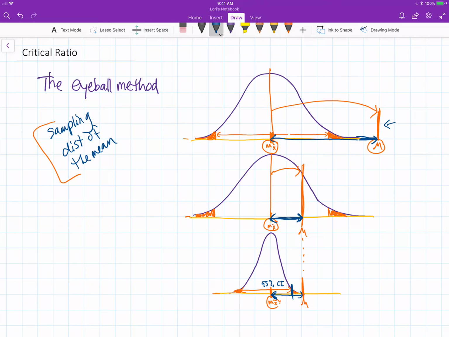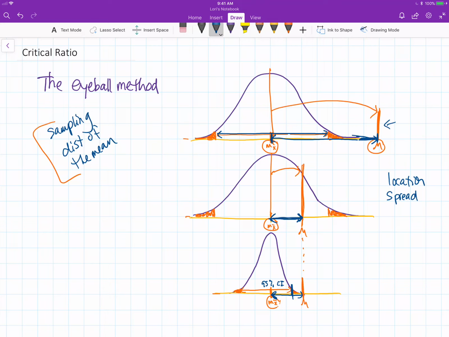It's the distance they are apart, but then it's also how far the actual distribution itself is spread out. And so what I like to say is that both location and spread.